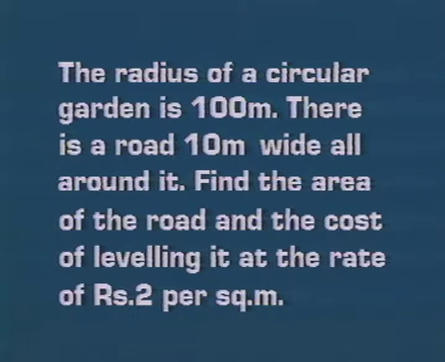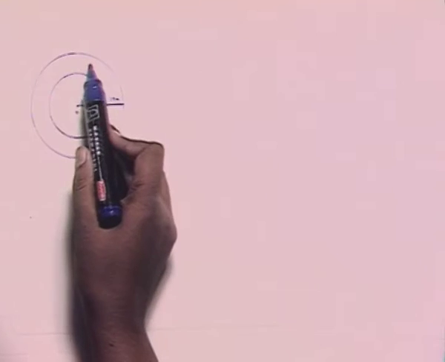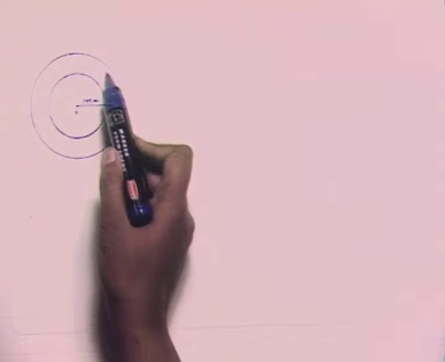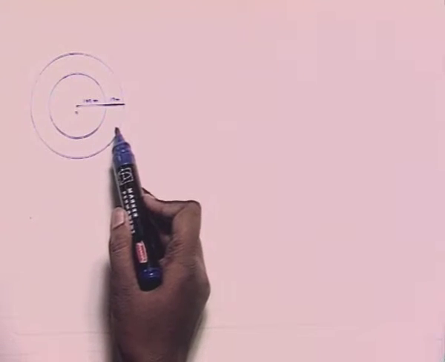Here is a problem. The radius of a circular garden is 100 meters. There is a road 10 meters wide all around it. Find the area of the road and the cost of leveling it at rupees 2 per square meter. So, suppose this is a circular road.